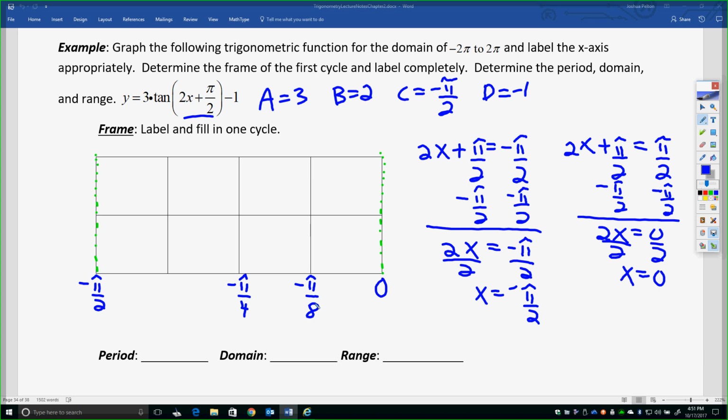On the next one we have 1/2 and 1/4, so that's really 2/4 and 1/4 over 2, which is 3/4. So 3/4 divided by 2 is 3/8.